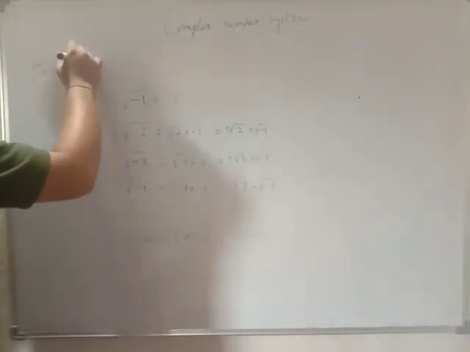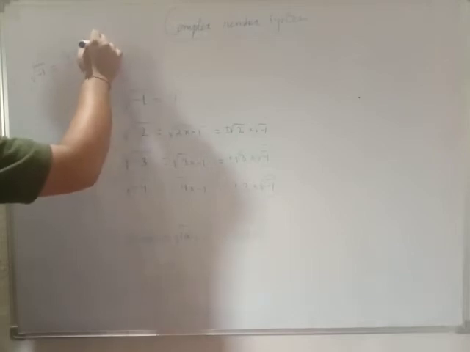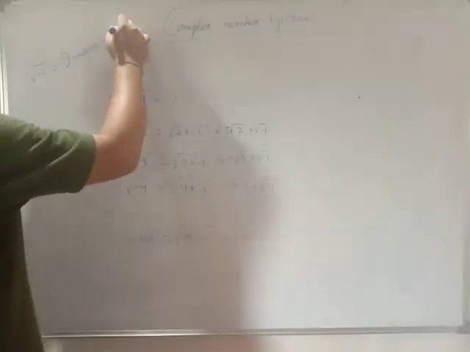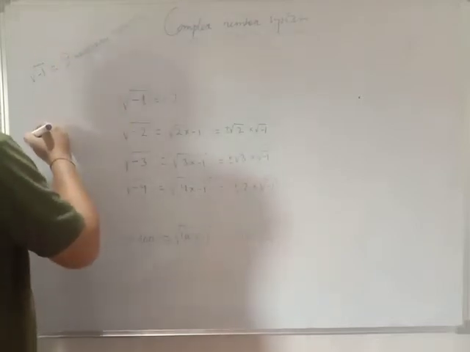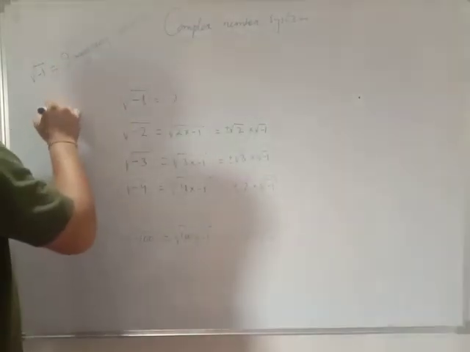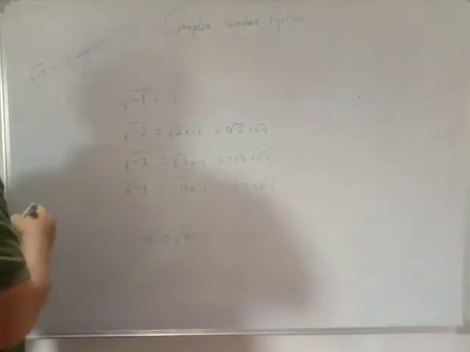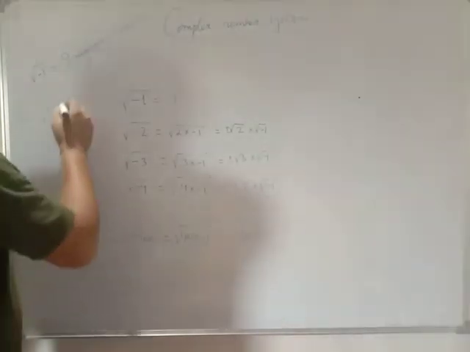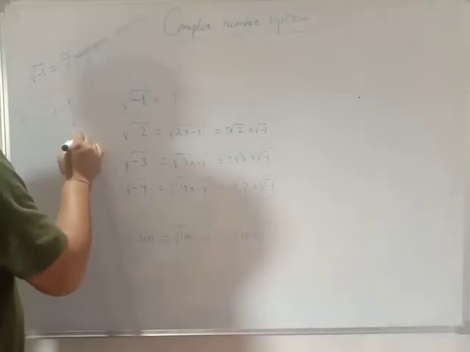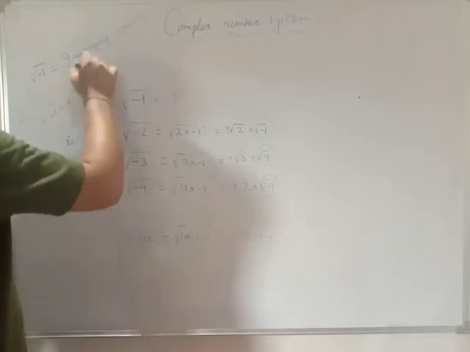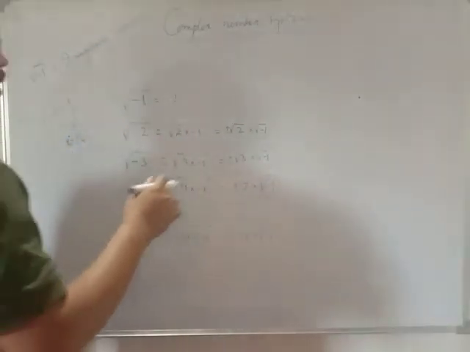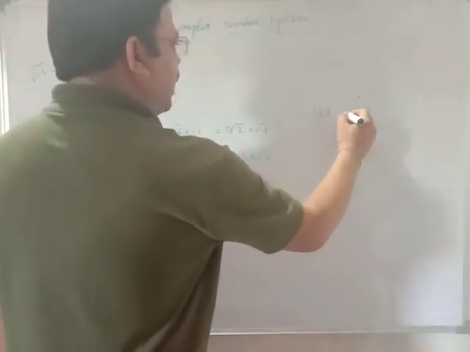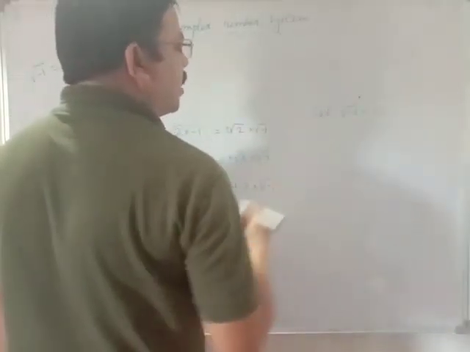It is an imaginary number, and the first letter of imaginary is I. So let root of -1 equal I, and in Latin it is known as iota, the same meaning as imaginary.